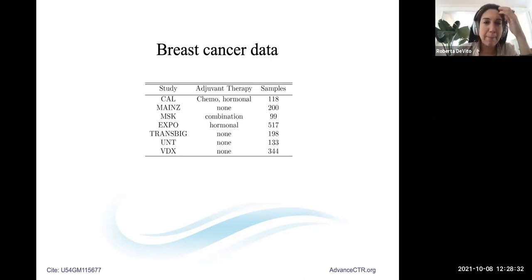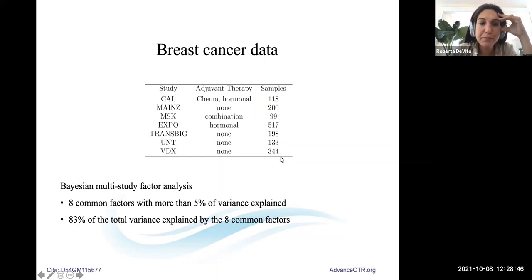We have this in a microarray genomic context. So what I have here is, again, different studies with different adjuvant therapy, and again I have different sample sizes. In the Bayesian multi-study factor model, I am including more than 6,000 genes, so more than 6,000 variables.